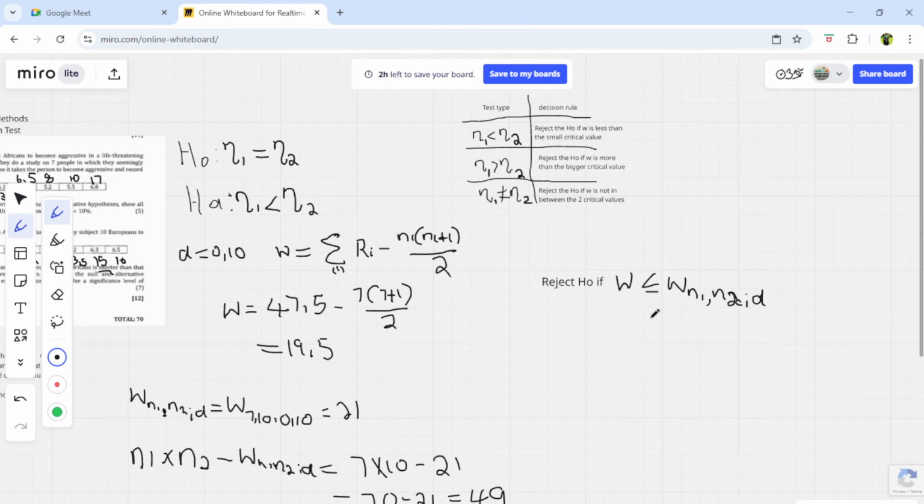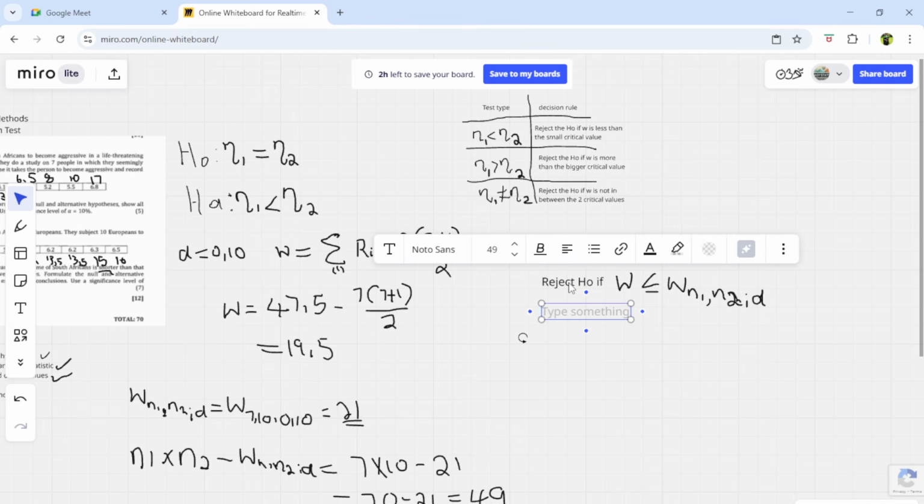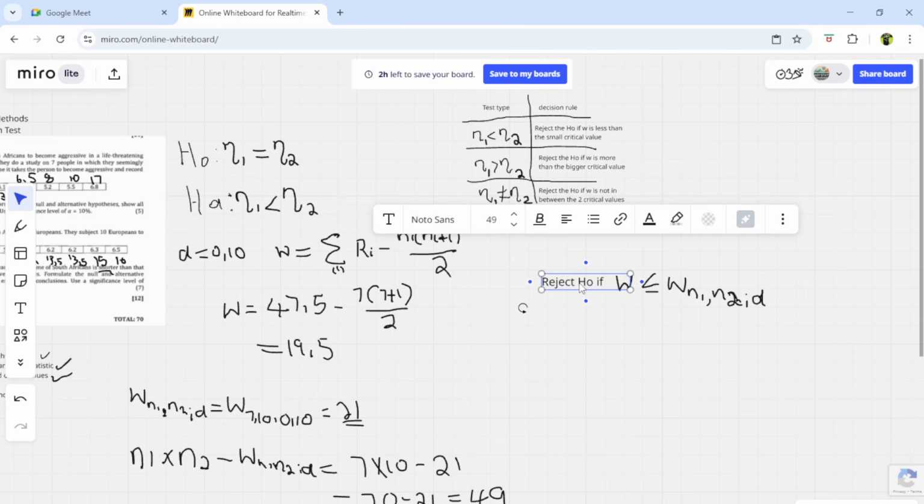And then in this case you're going to ask yourself, is W, 19.5, less than the small critical value? Remember, this is the small critical value. So is this less than this? Yes, it is less than this. So it means in this case you're going to reject H0.